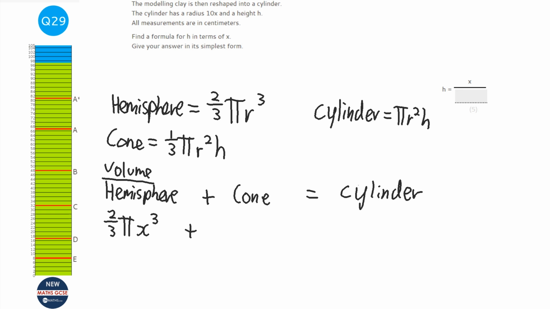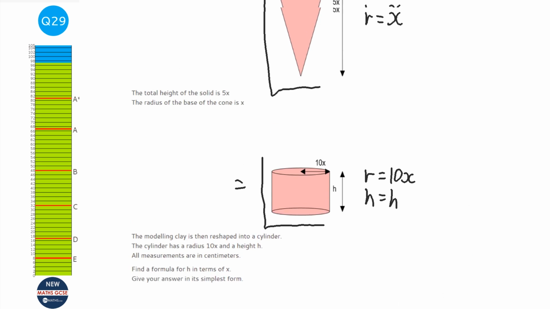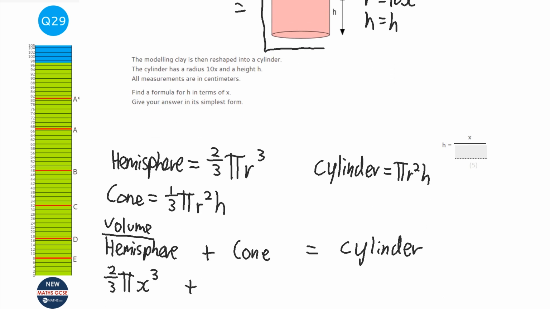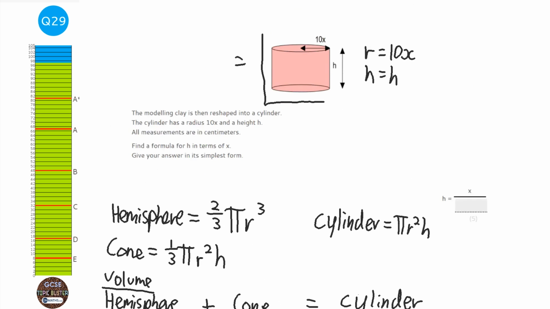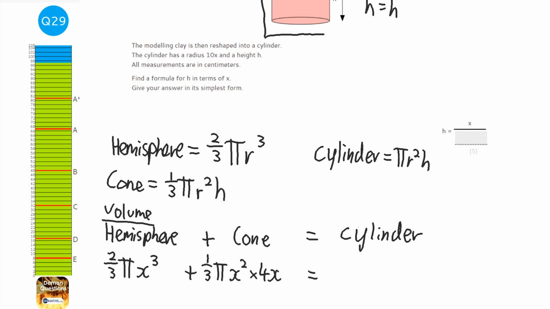Now, what did we say the height of the cone was? We said the height of the cone was 4x. So it's going to be 1/3 pi x squared, because the radius is x, and is it 4x? Let's double check that. Always double check. Yeah, it is.